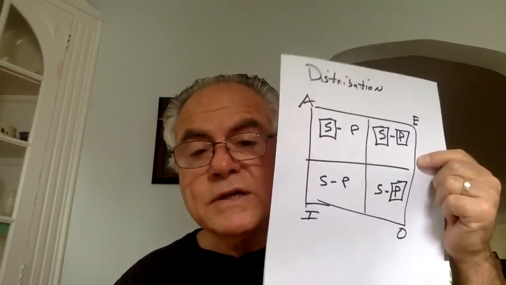But you have to know this. If you don't know this, you won't be able to know if a syllogism breaks any of the rules of distribution, because you won't know what distribution means. So I made a little mnemonic device for that. But read what Copi explains about distribution.